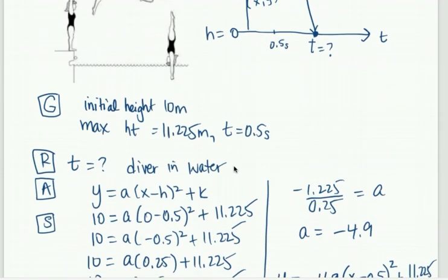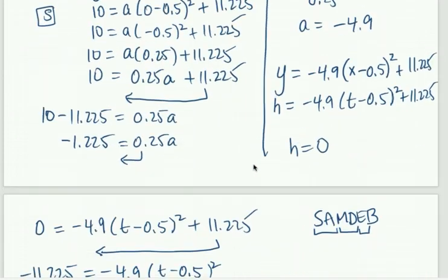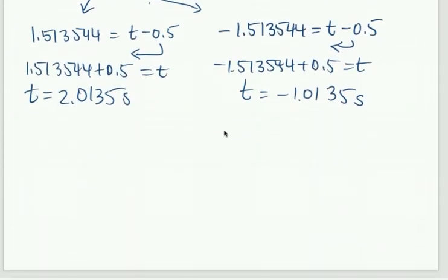And again, if we're analyzing what's happening here with the dive, the person jumped and then they dropped. Right at this point when they entered the water, that was 2.01 seconds. If we extended this out, this is where the other x-intercept is.